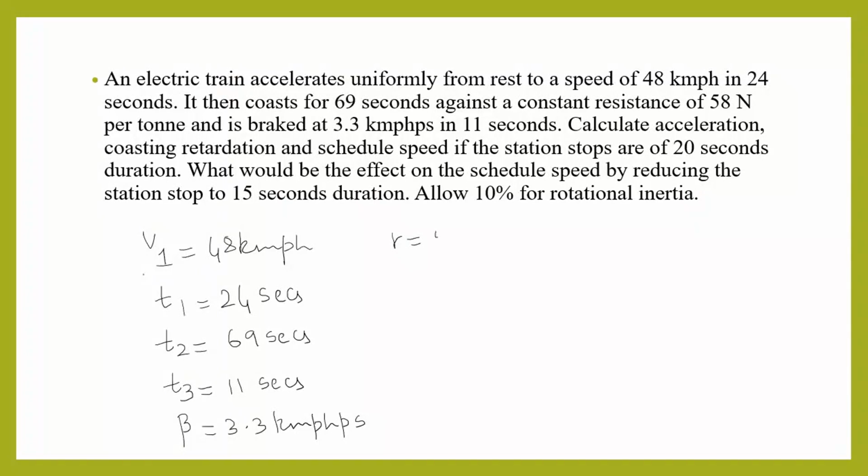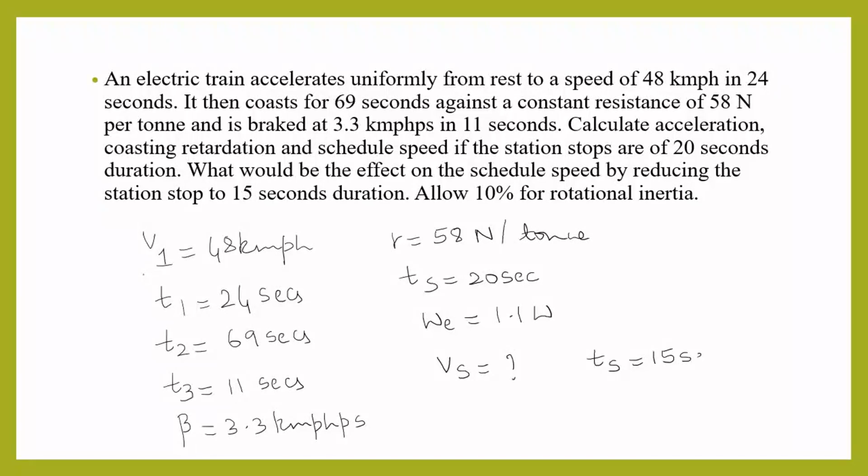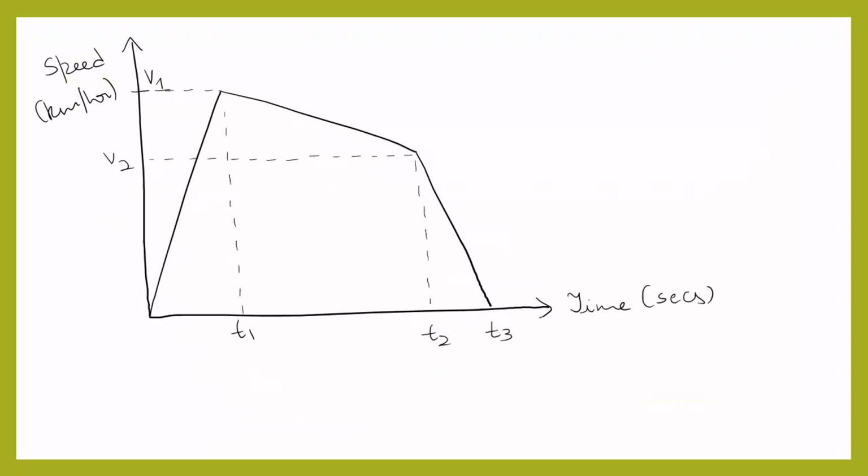R equal to 58 Newton per ton. Ts equal to 20 seconds. Rotational inertia is 10%, so We is 1.1 times W. We have to find the schedule speed Vs when the time of stop is 15 seconds also. So the speed time curve considered is the quadrilateral speed time curve.